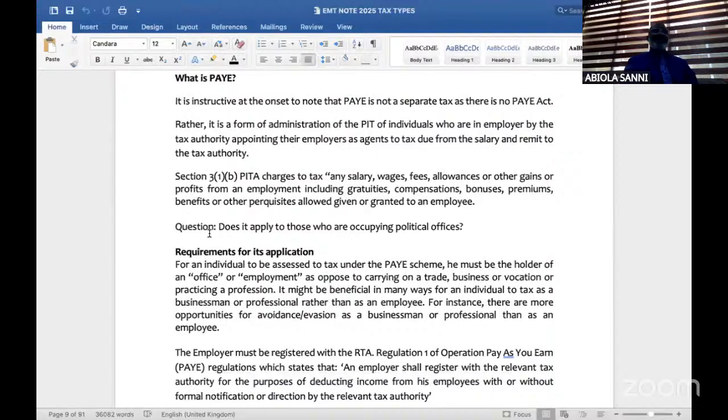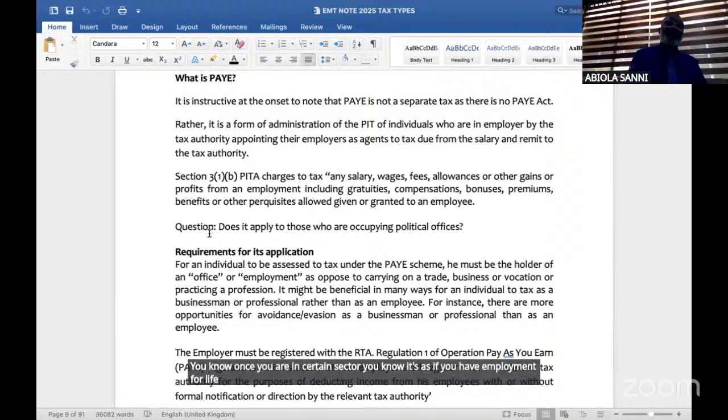This is very interesting. I'll give you some examples. Right now, I'm doing a case where an employer pays early retirement. Once you are in a certain sector, it's as if you have employment for life because they can't retire you because of the union.